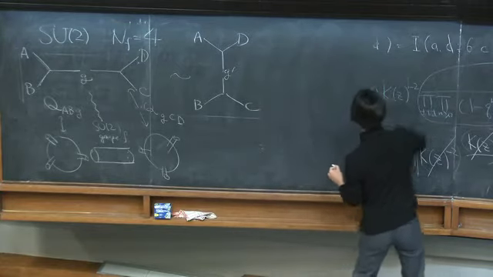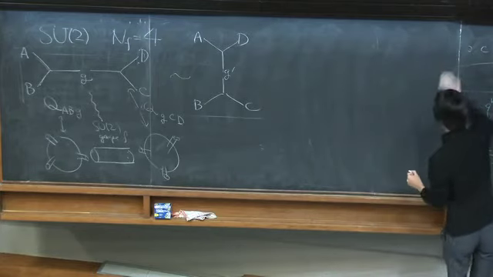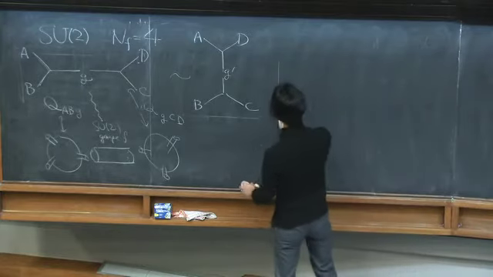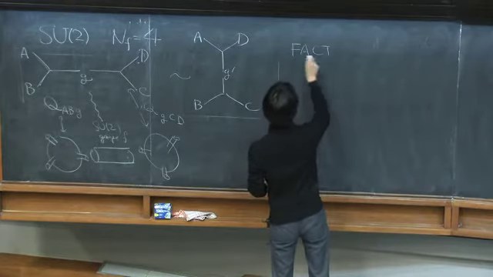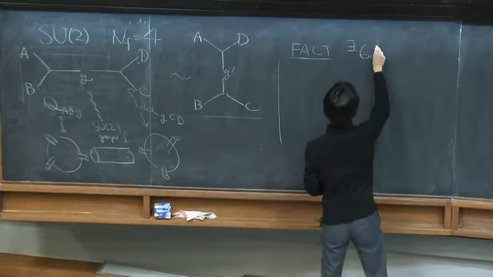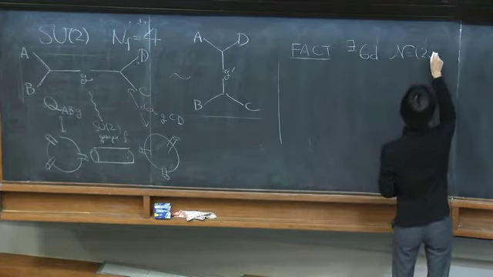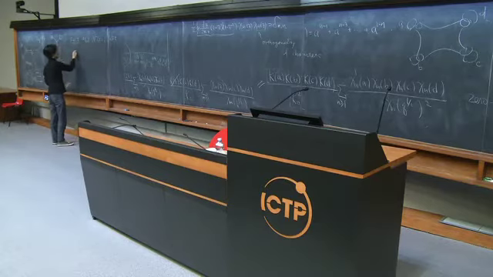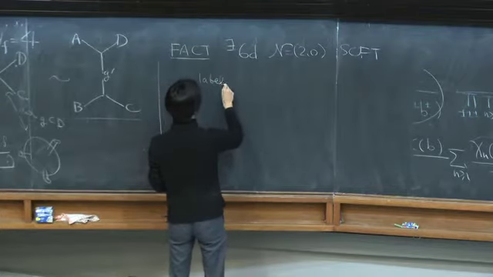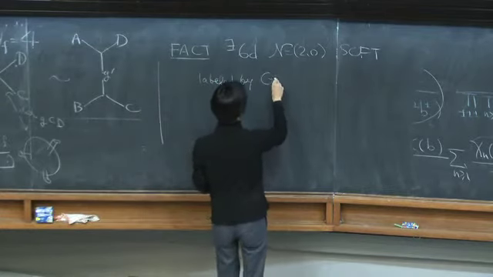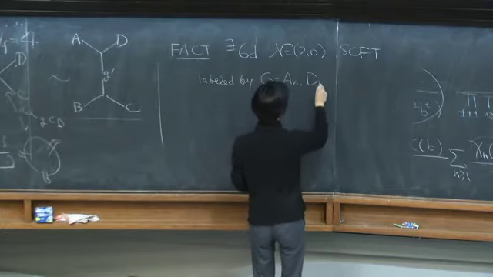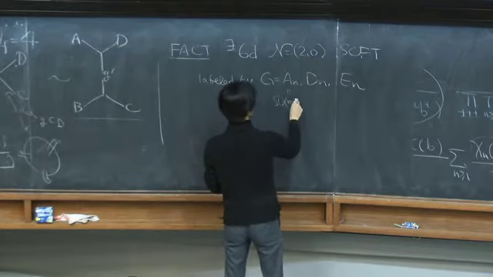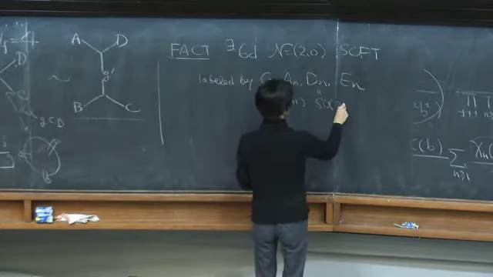So the reason behind this correspondence is basically that there is a certain 6-dimensional N=(2,0) SCFT, labeled by G, which is either AN or DN or EN. So this is SU(N+1), and this is SO(2N), right?